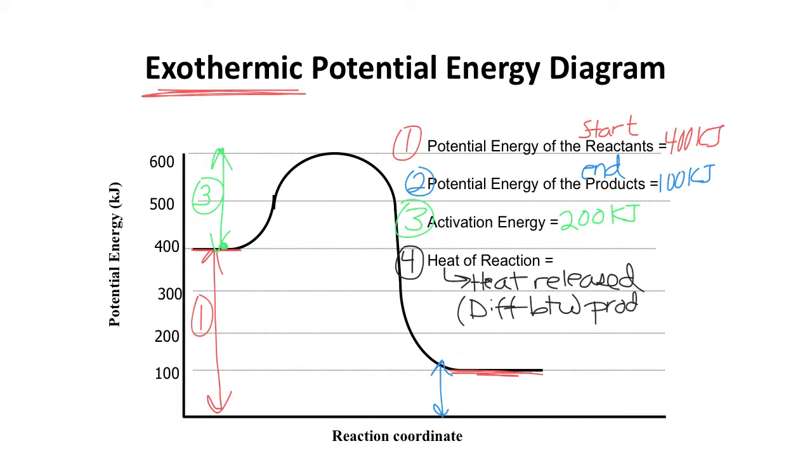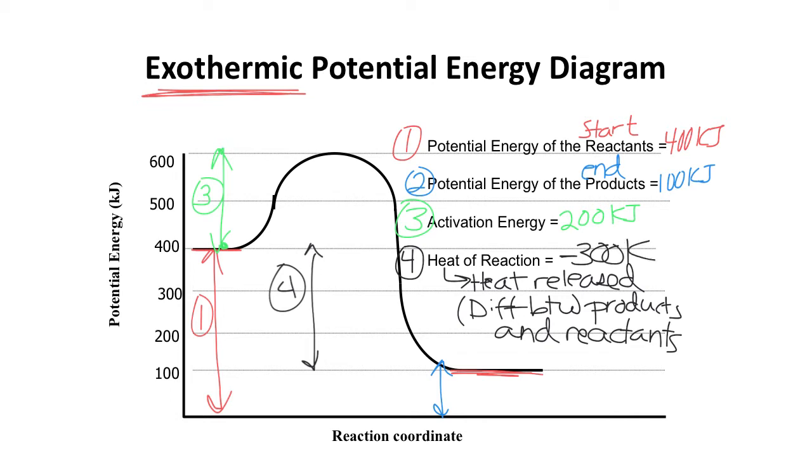So that would be this arrow here, number 4. So products are 100, reactants are 400, so heat of reaction is negative 300. It is always going to be negative for an exothermic reaction because it's releasing heat.